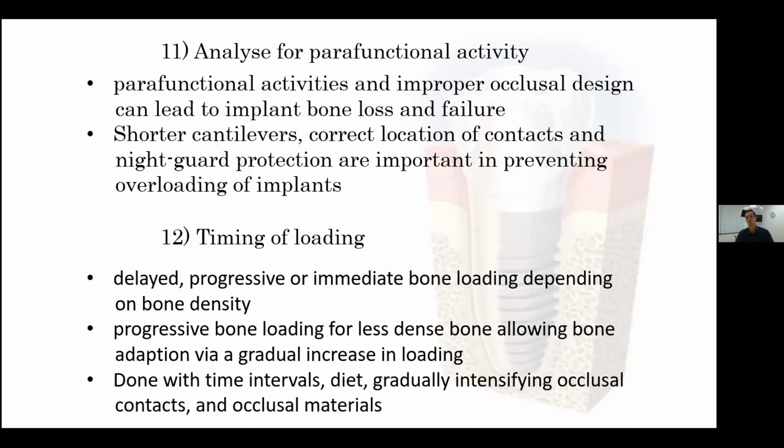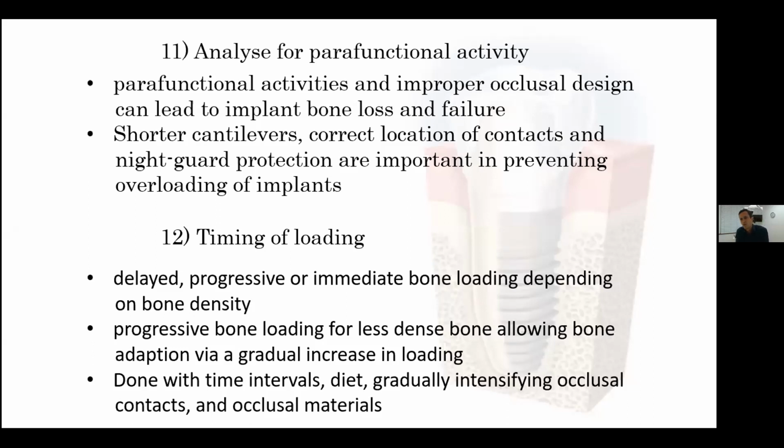And then what we really should be doing is gradually intensifying the occlusal contact on a provisional restoration on our implants. And this is done in conjunction with different types of materials. So our provisional will be a resin, which is a more flexible, softer material, and it allows us to bond onto it so we can gradually increase the contact point over time.